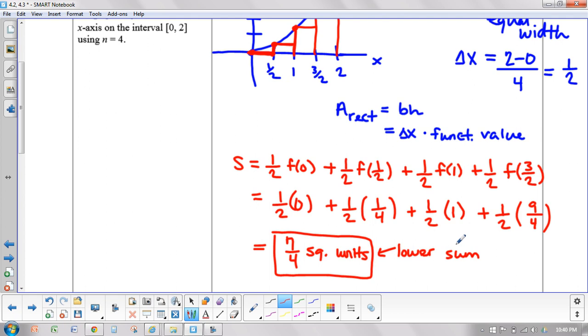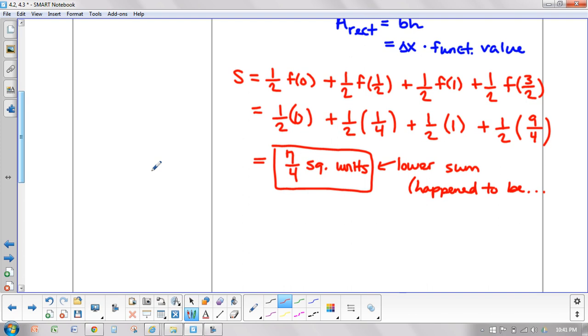So on that interval, a lower sum happened to be left or right. Well, if you go look at where the heights came from for all those rectangles, they all came from the left side of the rectangle. So it happened to be a left sum, left hand sum.